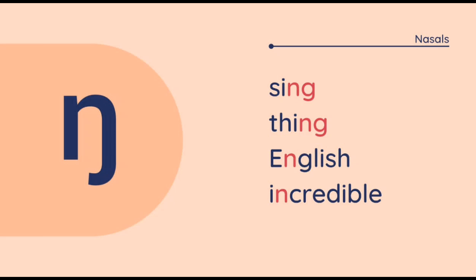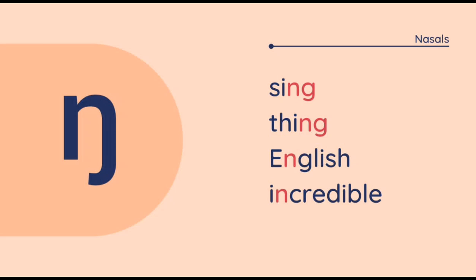Then we also have a nasal sound. It is a voiced velar nasal, because the pronunciation usually takes place somewhere around the velum. Okay, so it is called a voiced velar nasal sound.